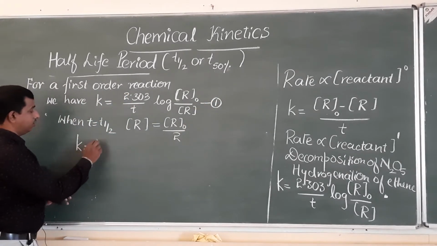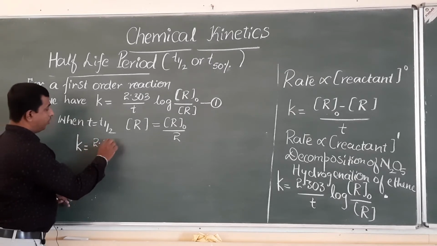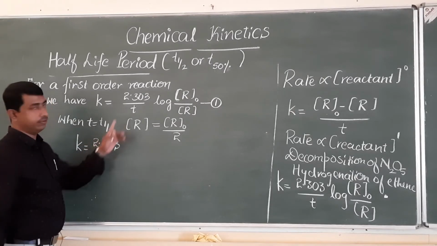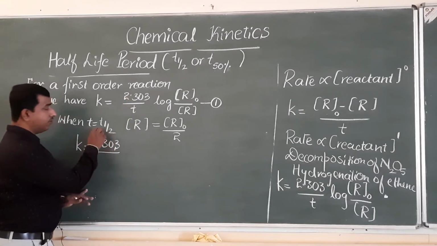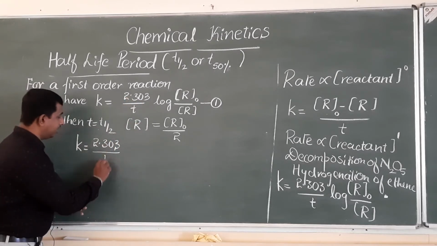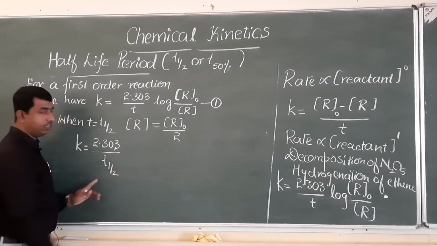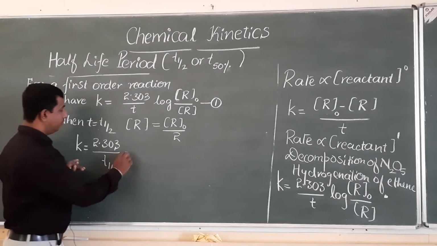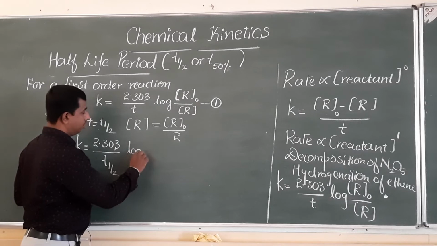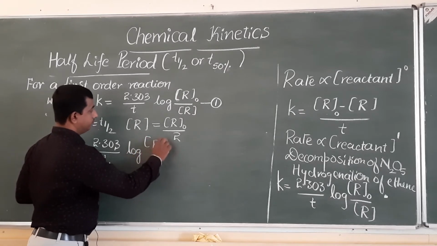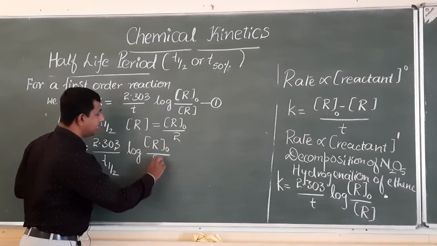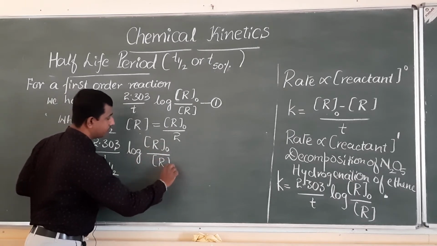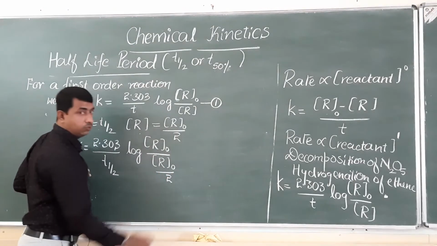So K equals 2.303 by T, and the value of T is T half, log R naught by R. What is the value of R? R value is R naught by 2, correct?